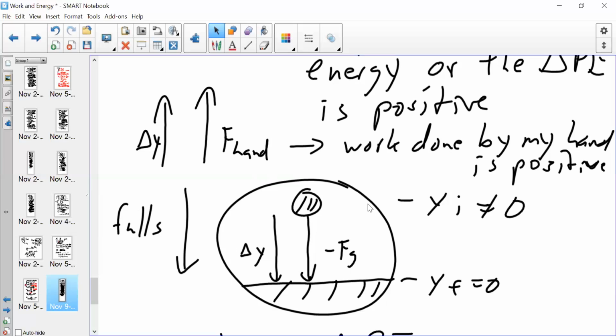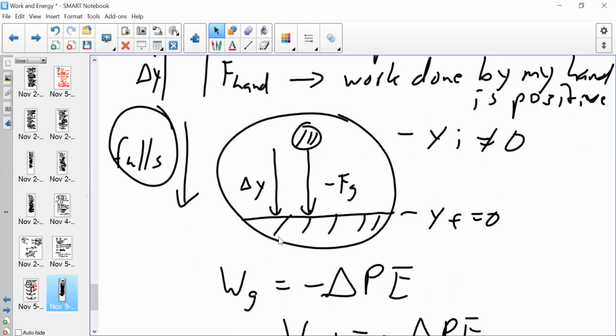So if we raise the object up, the work done by gravity is going to be negative, because the distance that I raise it is opposite the force of gravity. And then when it falls, the force of gravity will be in the same direction as the displacement, so the work done by gravity will be positive, but the change in potential energy will be negative. So it's like vice versa.